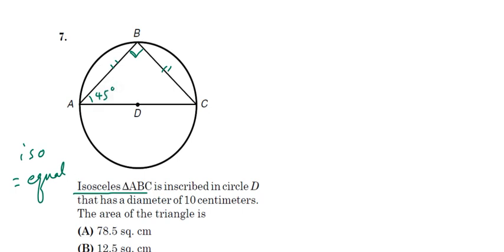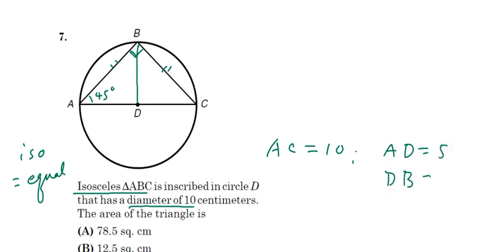Okay, so let's say this circle has a diameter of 10. Diameter is 10, so this AC equals 10. And then we want to find the area for this triangle. We can check this way: AD equals 5, and DB is also 5.